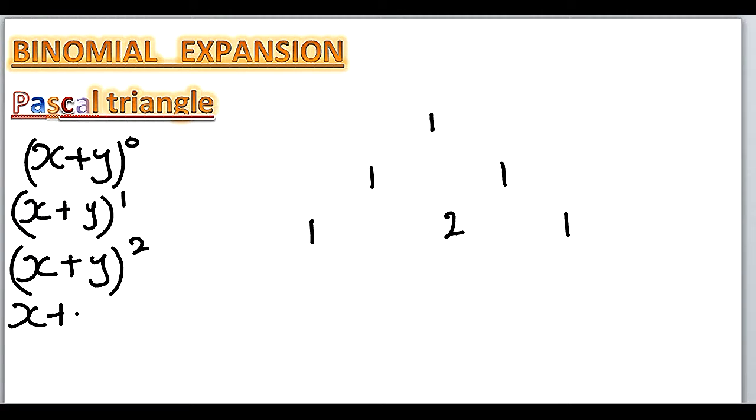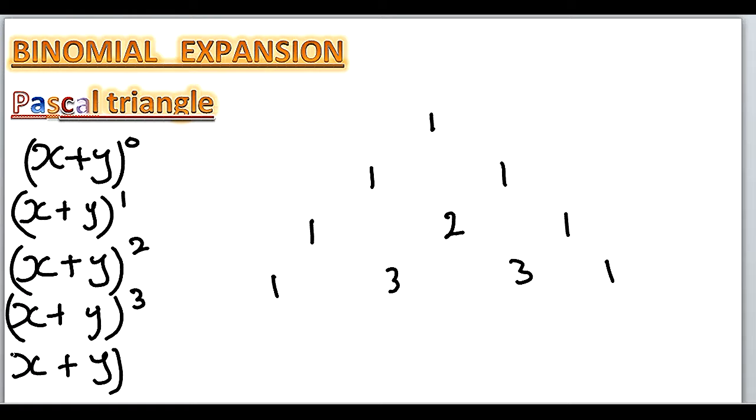Then we have x plus y into bracket cubed. We got the coefficients 1, 3, 3, 1. And then we have x plus y to power 4. We got 1, we got 4, we got 6, we got 4, and lastly 1. So these are the coefficients of our expansion.